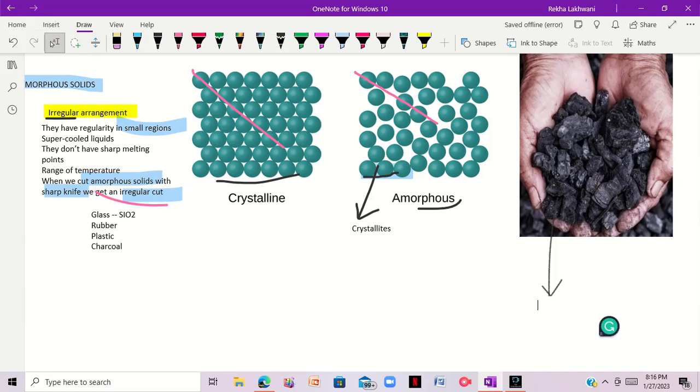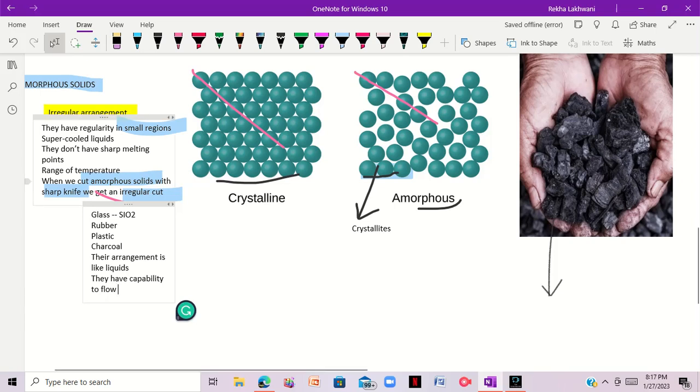As I said, these are supercooled liquids, so their constituent particles are arranged like liquids. Their arrangement is like liquids, and they have the capability to flow.